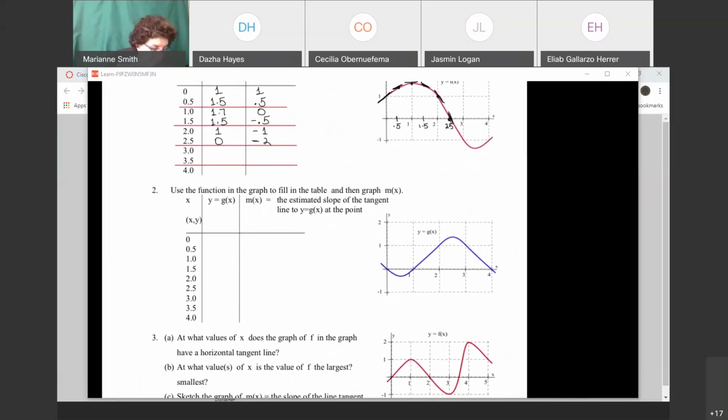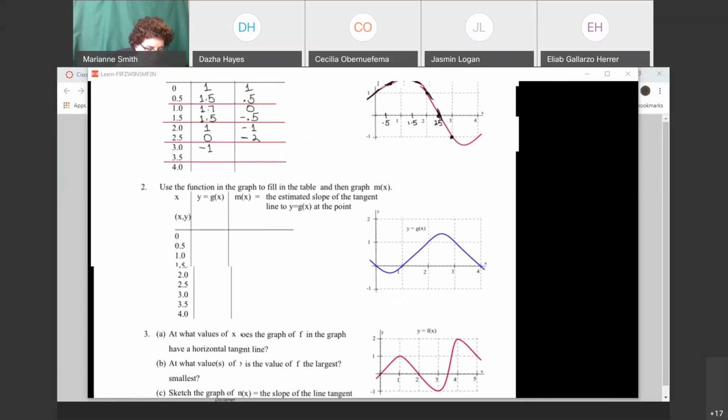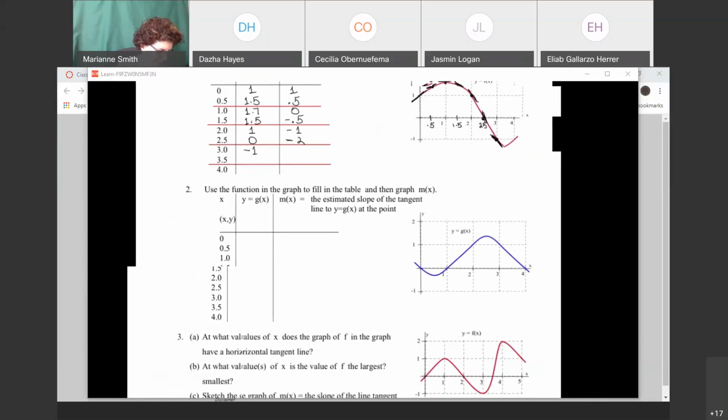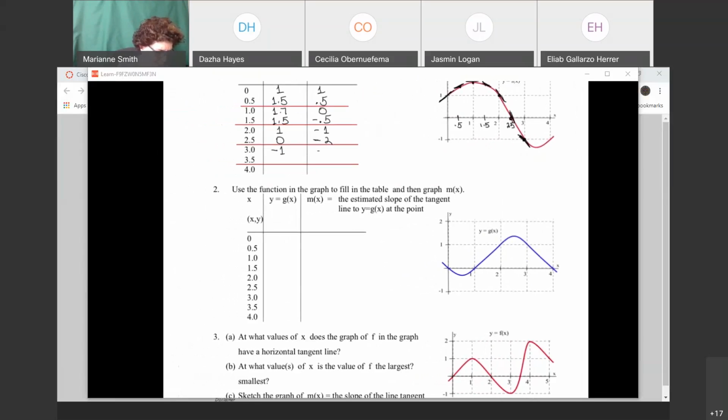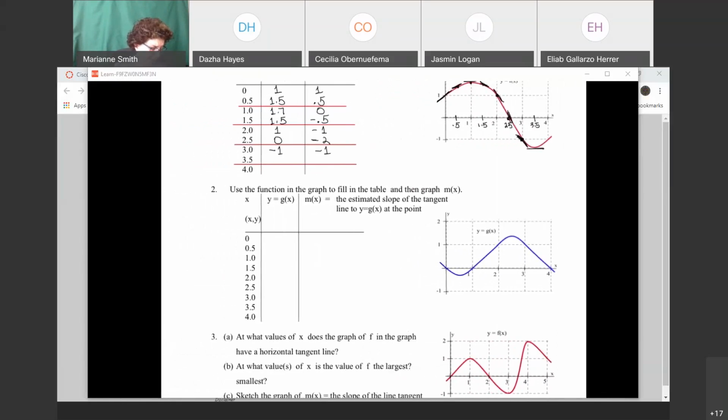By the time I get to 3, my y value is at negative 1. And you can see my slope is not quite as steep as it was at 2.5, but it's still negative. So let me say, looks like negative 1. And again, by the time I'm at 3.5, my slope has flattened out again.